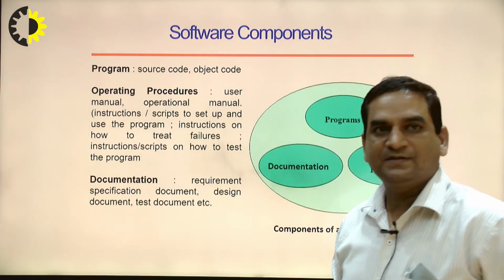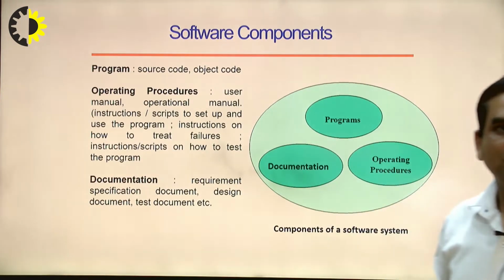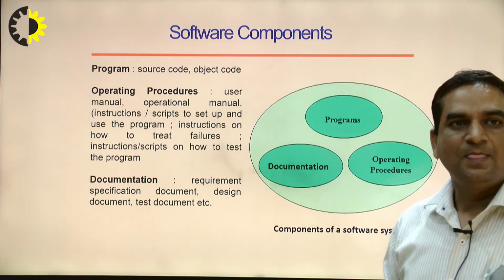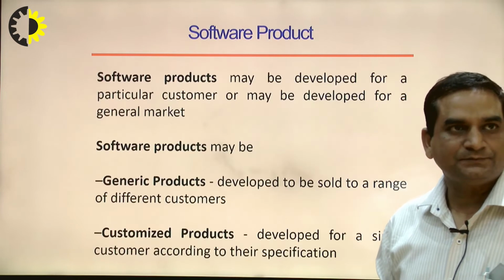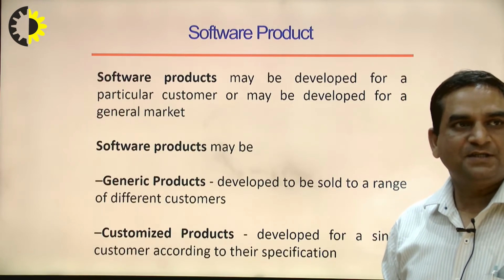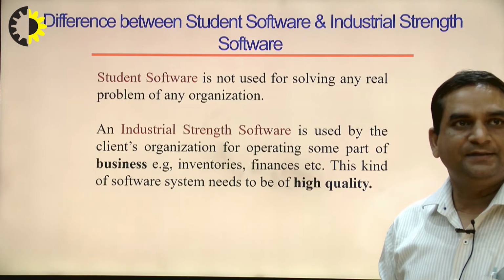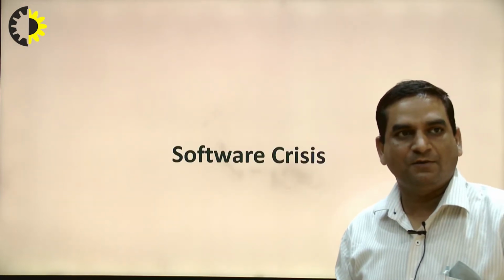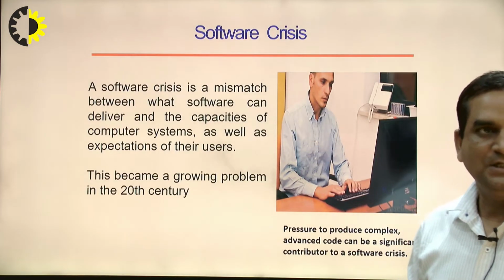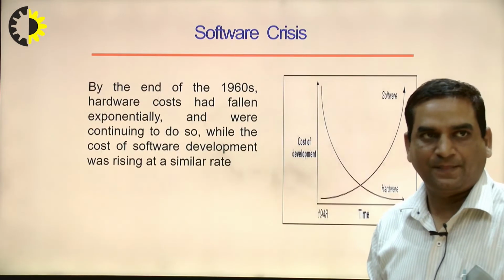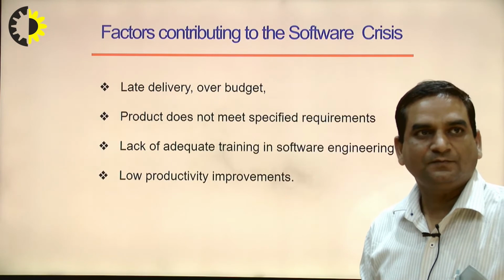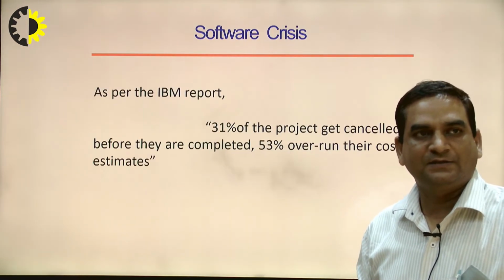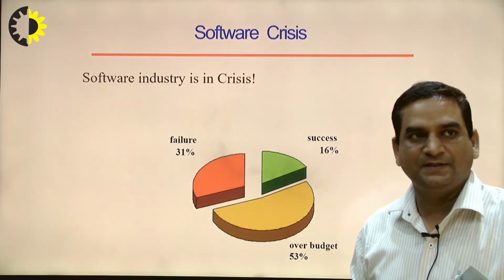Then we discussed software components like programs, documentation, operating procedures, then software products, and lastly the software crisis or software failures. All these things we discussed in our first lecture.